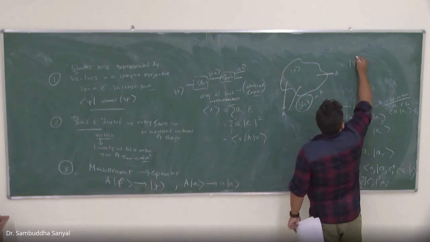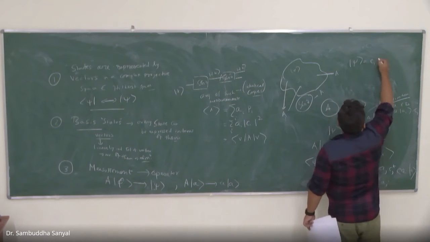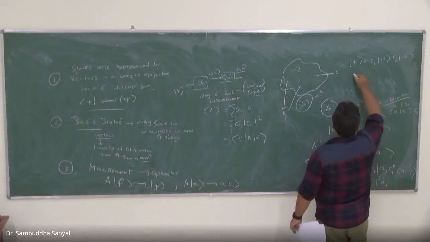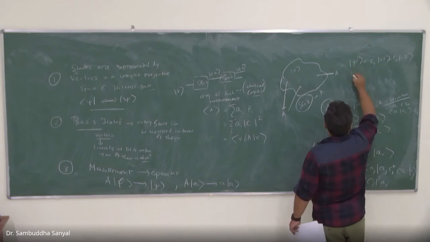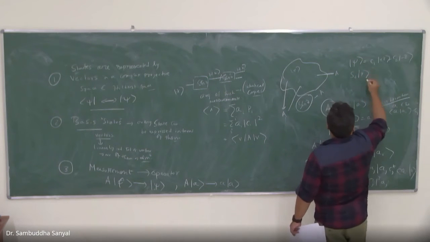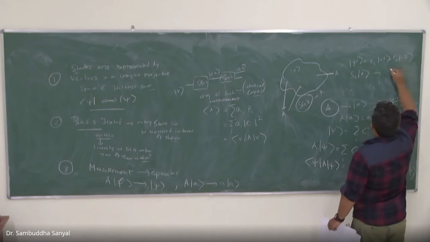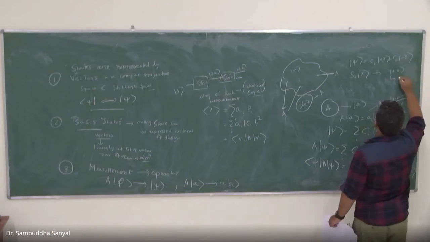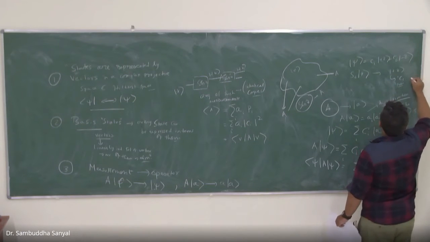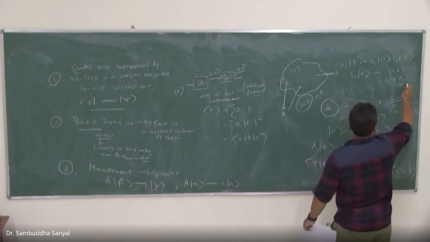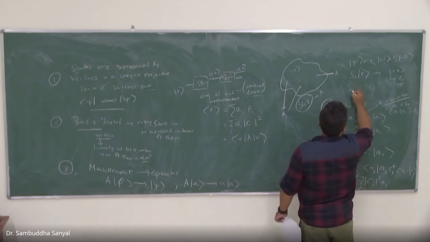I said that psi is C1 |plus z> plus C2 |minus z>. Now, if I act Sz on it, it should give me plus z with probability amplitude C1 and probability C1 square, with an eigenvalue, some number.